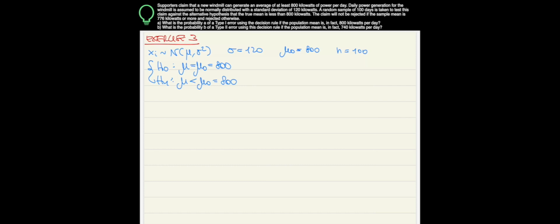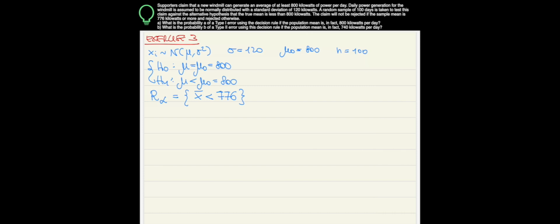So a statistician has already worked on this and has found that the claim, so this H0, will not be rejected if the sample mean is greater than 776. So this means that we are given the rejection region, the critical region. So we reject H0 if the sample mean is lower than 776. So a bit different than what we're used to.